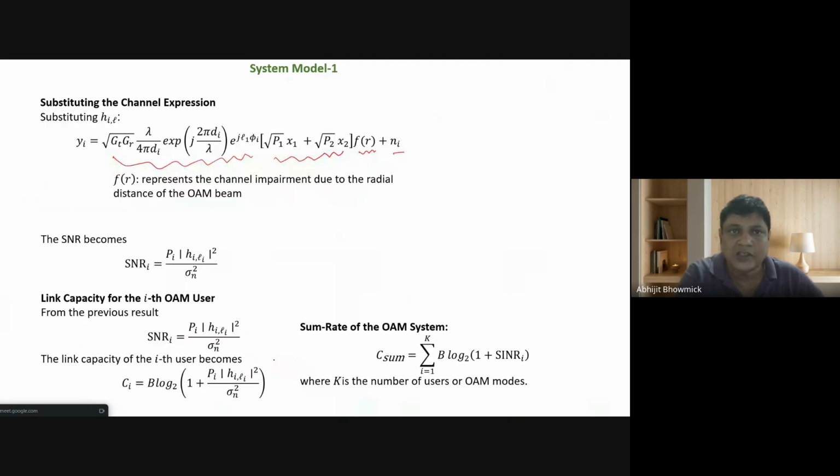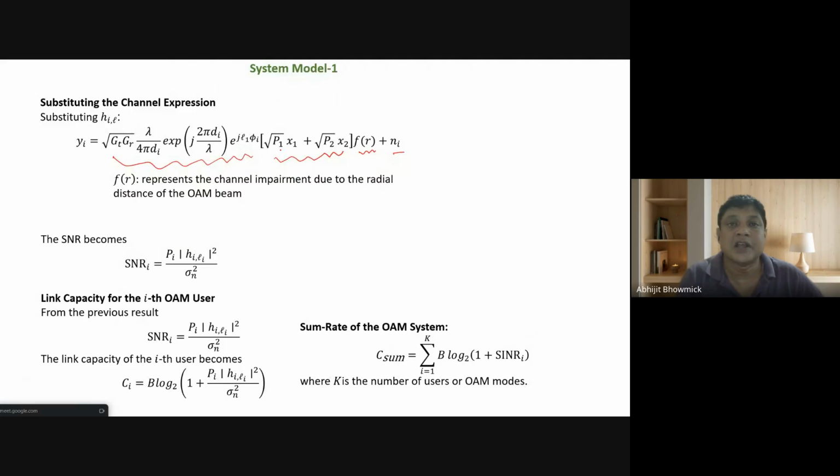Then when I'm describing the received signal, see here, this part is basically a function of r and d. Sorry, I think z is missed here; z should also be there.